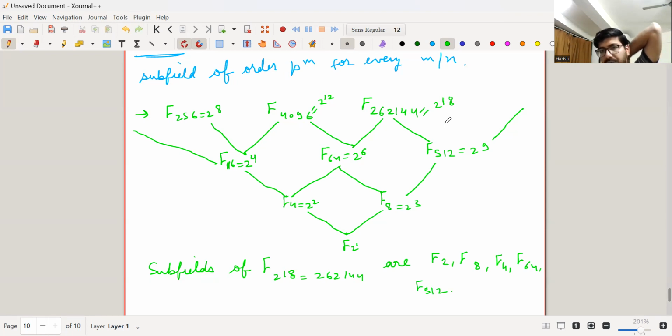It corresponds to divisor 1, it corresponds to 3, it corresponds to 2, it corresponds to 6, and it corresponds to 9.